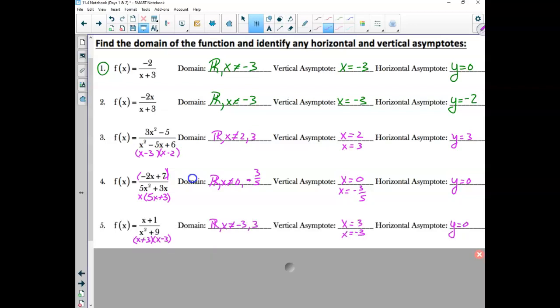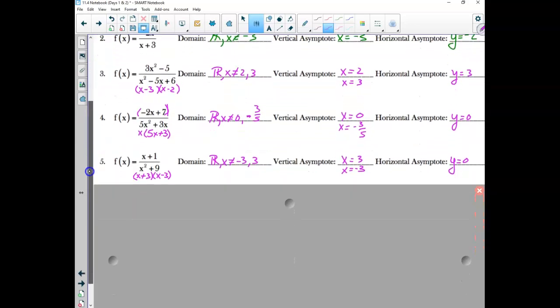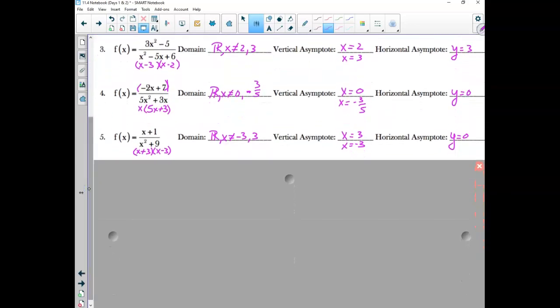And then I come into number 5 here. Well, number 5, again, I'm going to factor that bottom, x squared plus 9. Ooh, Kruger, you made a little boo-boo there, didn't you? Because that's not x squared minus 9. Ooh, it only factors if that's a minus. There's no factor there, which means there are no domain restrictions because there's no number I can plug in and square and add 9 to it and get 0, which means I don't have any vertical asymptotes.